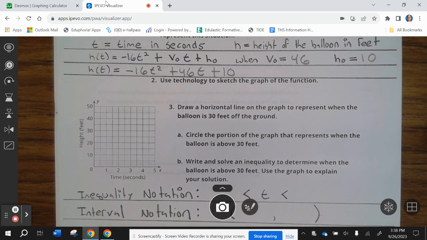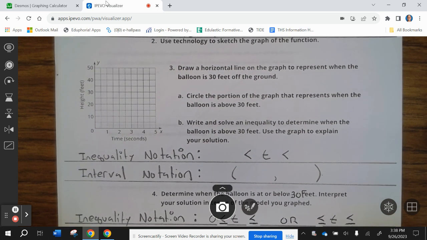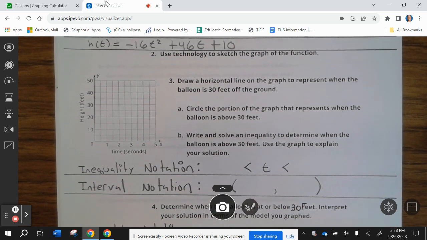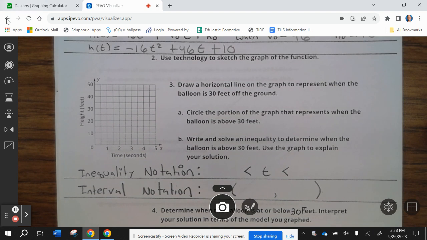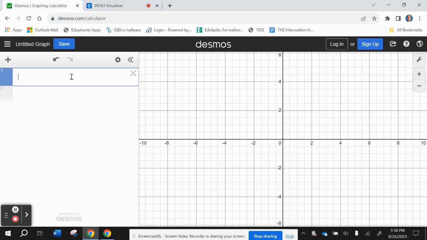All right, let's take a look at the next part. Use technology to sketch the graph of the function, which is this right here. So let's go and use Desmos. So negative 16x squared plus 46x plus 10.